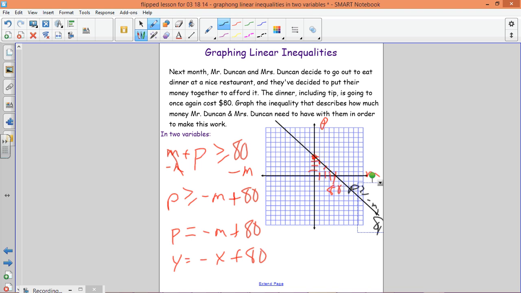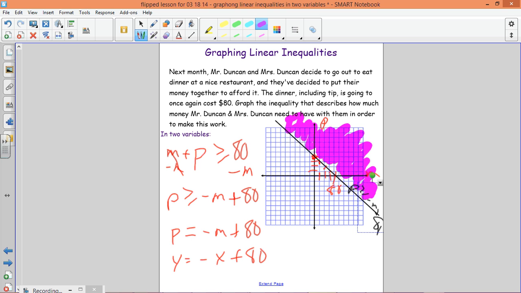Again, don't worry if it doesn't make sense to you. It will by the end. What we need to graph in is all the stuff that can be greater than, which is everything above the line that I've just drawn. Because remember, the two of us together need to have more than 80 or equal to 80. Anything above it will also be a valid solution.